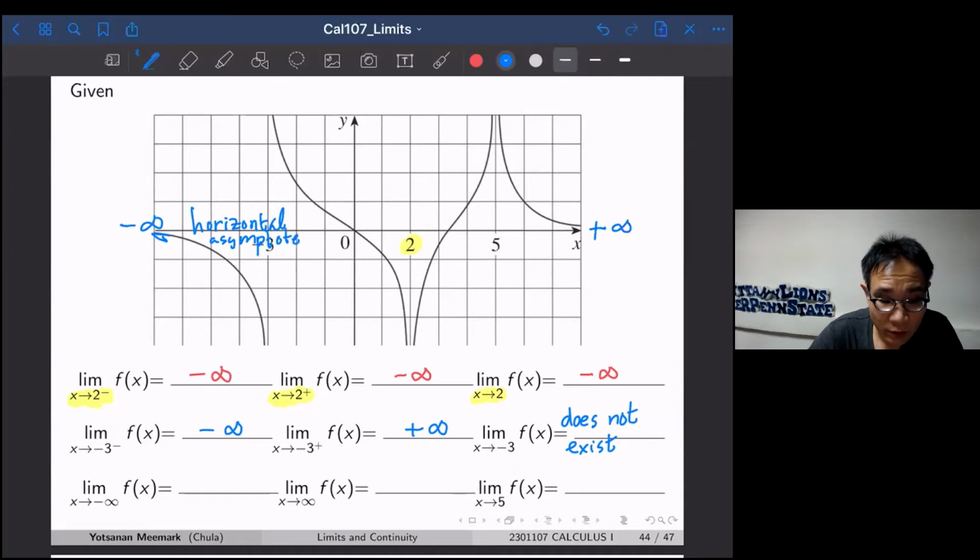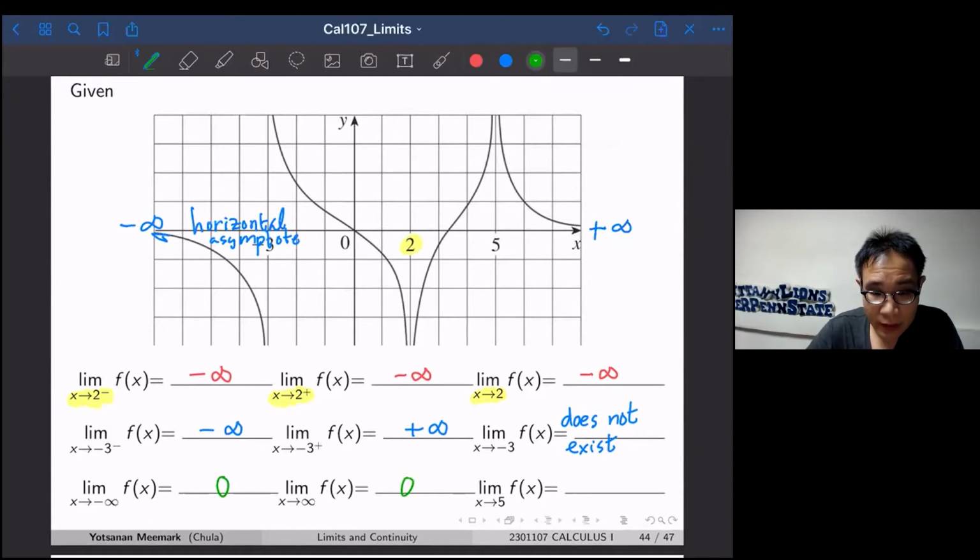And in this case, you see that the limit as x goes to negative infinity is approaching 0. And the limit as x goes to infinity of f(x) turns out to be 0.